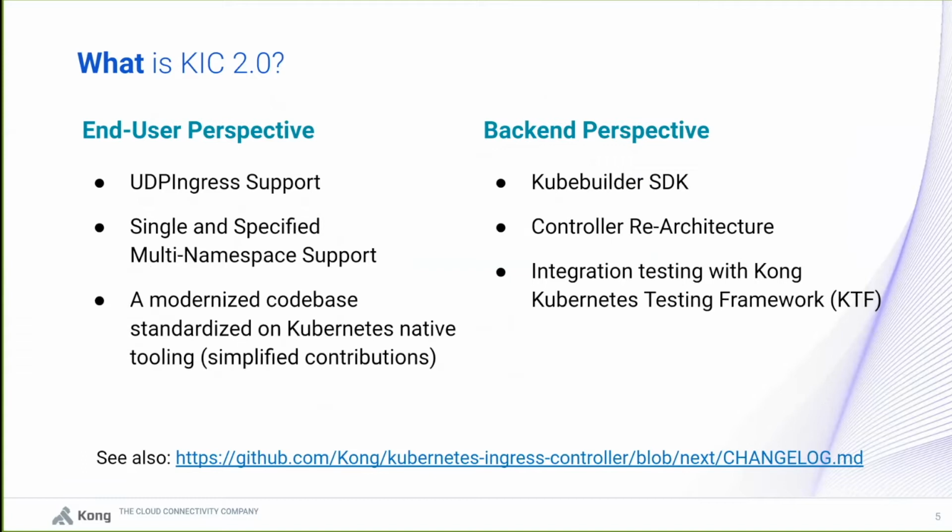So KIC 2.0 adds a few things from the end user perspective and a few things from the backend. From the end user perspective, UDP ingress support. This was a feature that came out, I believe, in upstream Kong core 2.2 and is now going to be available in KIC 2.0. We're going to have some features around specifying single, multi, and custom namespace watches for the controller.